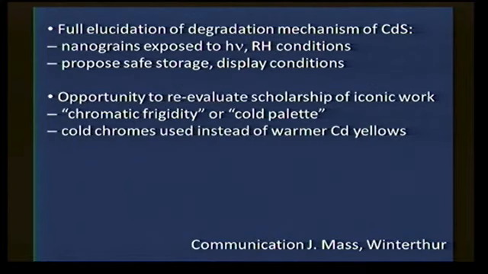What is interesting here is that once you've done this work, you can propose some strategies or measures in order to stop this degradation process. And I like this part very much because the art historians, when they looked at this particular painting, said, oh, there is some sort of chromatic frigidity.